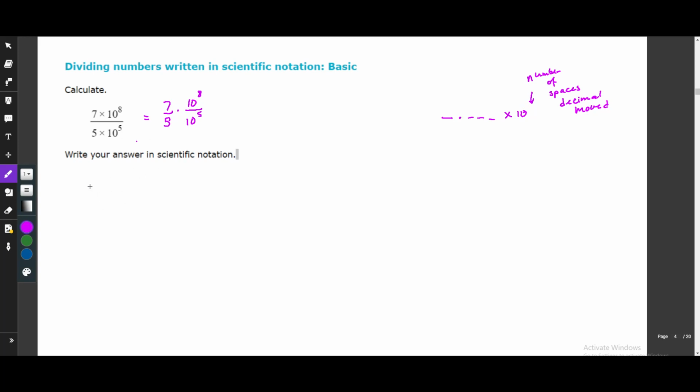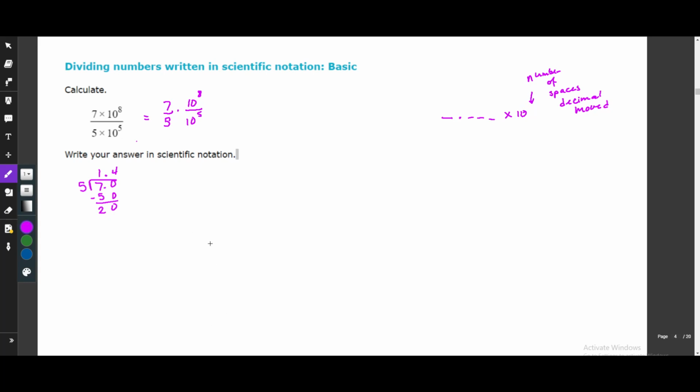If I'm thinking about how many times 5 goes into 7, I could write it the old school way. We have a point. 5 goes into 7 once. And so you have 5, 2, subtracting, you add your 0, bring your 0 down, 5 goes into 24 times, so this is just 1.4.